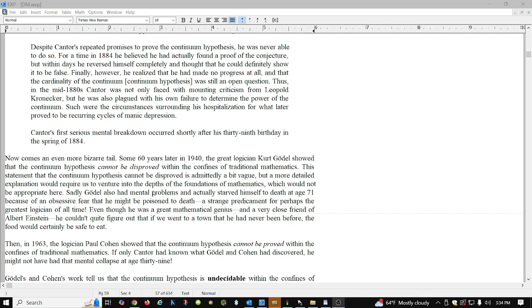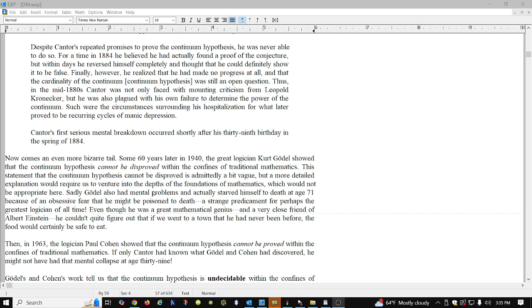Gödel also had mental problems, and this is unbelievable, but he actually starved himself to death at age 71 because he had an obsessive fear that he might be poisoned to death. It's also a sad story, a terrible story. It's a strange predicament for perhaps the greatest logician of all time.